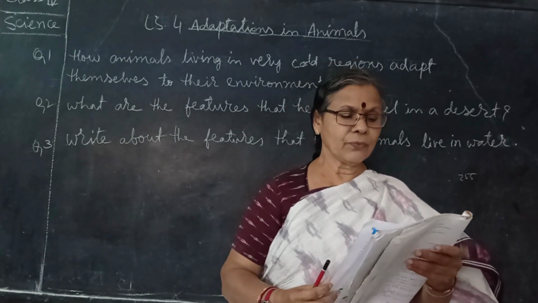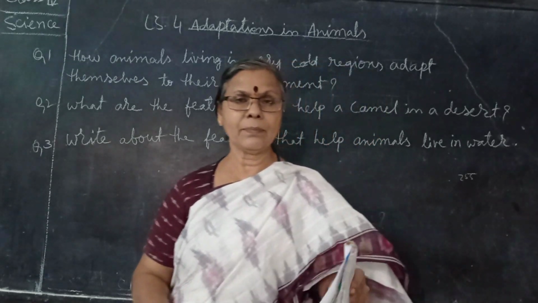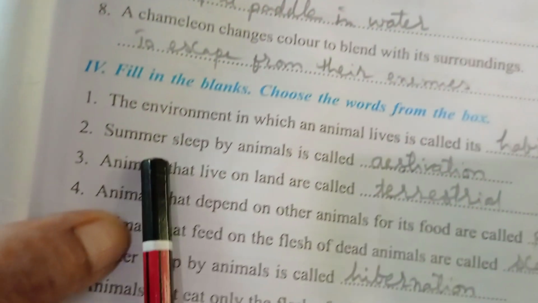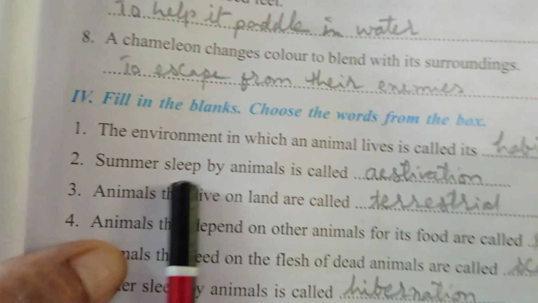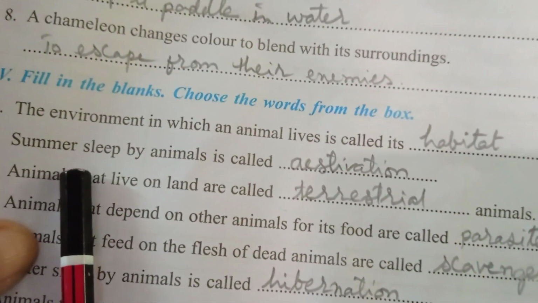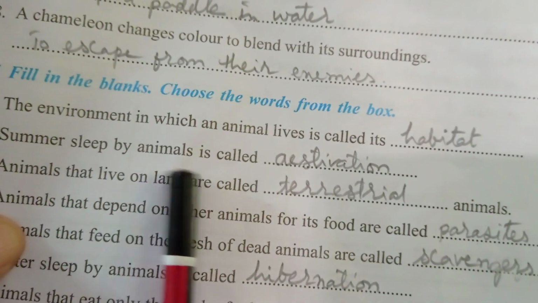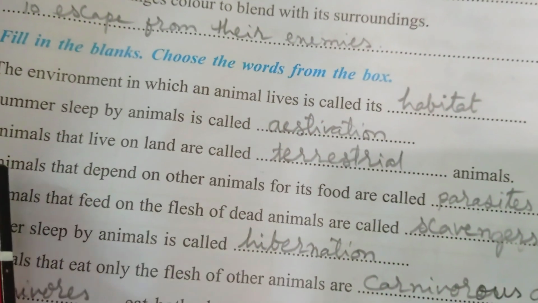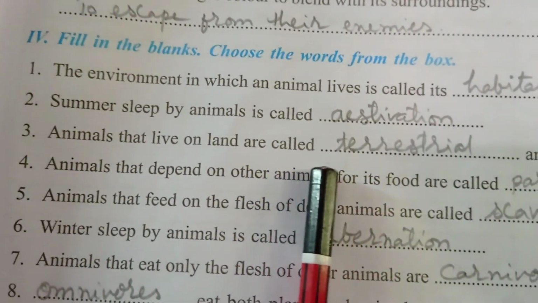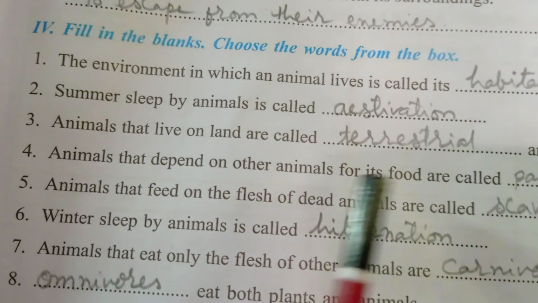The environment in which an animal lives is called habitat. Summer sleep by animals is called aestivation. Animals that live on land are called terrestrial animals.